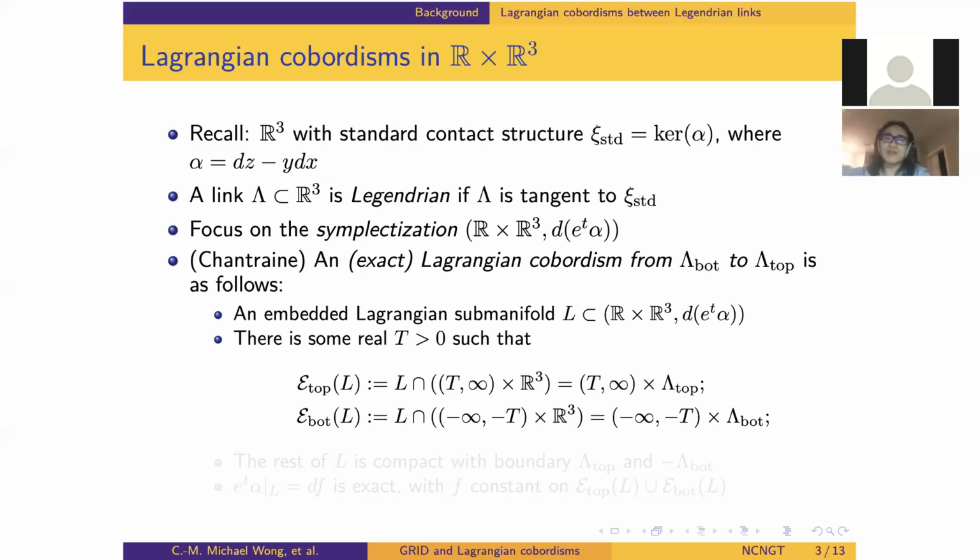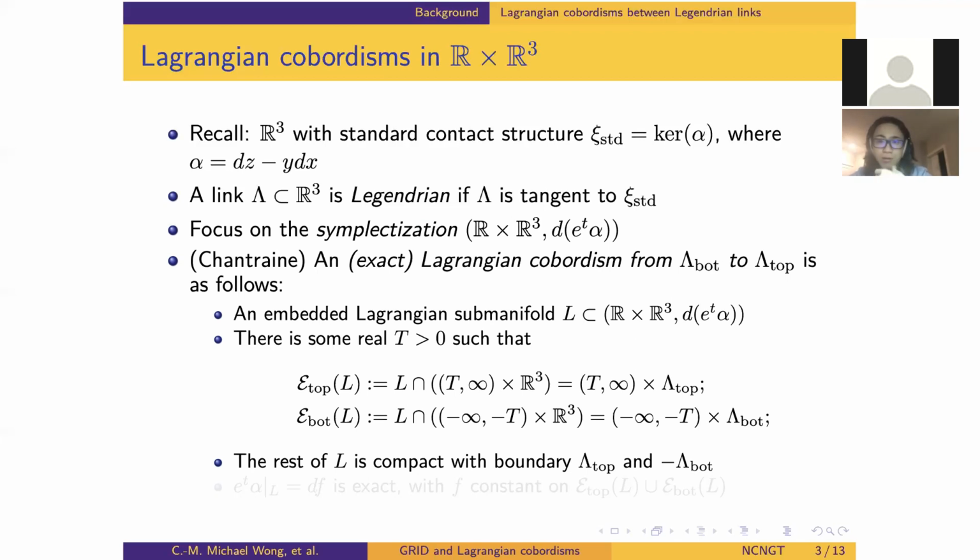So in the t direction, if you go far enough in the positive or the negative direction, then from some point onwards it's just R cross the Legendrian link, lambda top or lambda bottom. And the rest of the cobordism L, which is the middle part, is compact with boundary that matches up with the two ends.